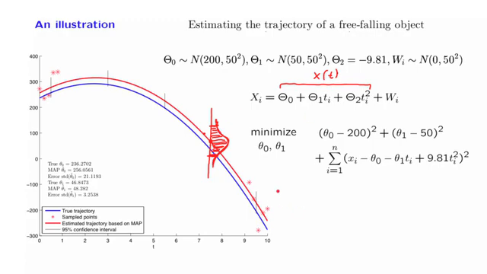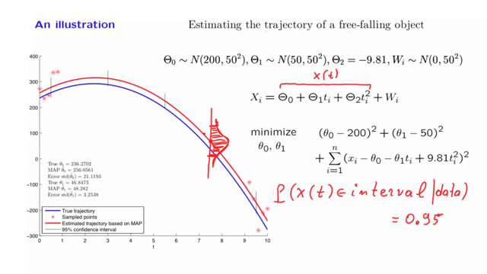In other words, we construct an interval with the property that the probability that x of t belongs to the interval, now we're talking about posterior probabilities, so it is a posterior probability given the data, is, let's say, 0.95. Such an interval gives us useful information. Besides a point estimate, it also gives us a range of possible values, and outside this range, it is quite unlikely to have the true trajectory be out there.